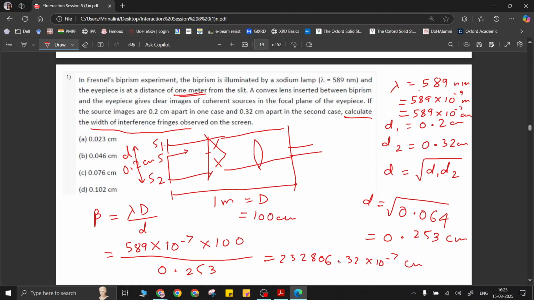When I do this, it will become 0.0233 centimeter, if I keep four decimal digits. So the correct answer that matches is option A, that is 0.023 centimeters. So option A is the correct answer here.